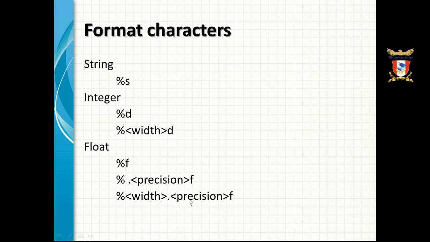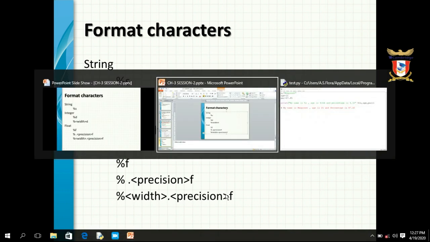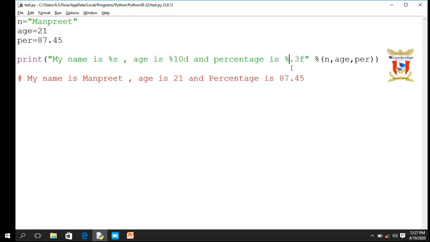After specifying only the precision value, you can also specify the width of the complete figure. So we can specify width, then dot precision, then f. So let's get started. Here we want to display a float value with 3 decimal places, and I'll use %10.3f.